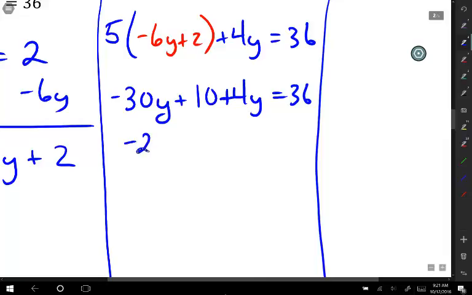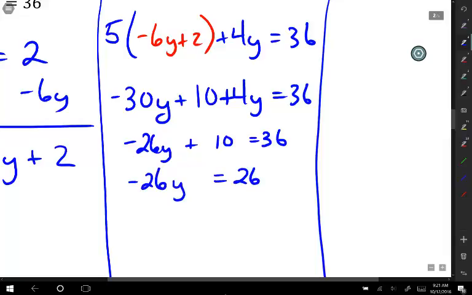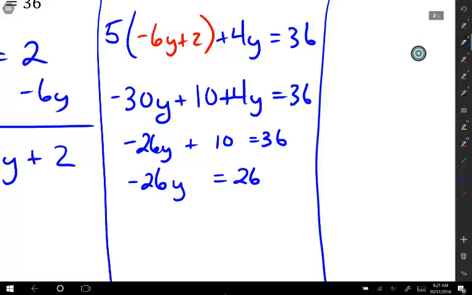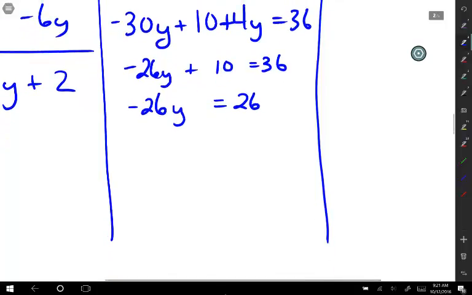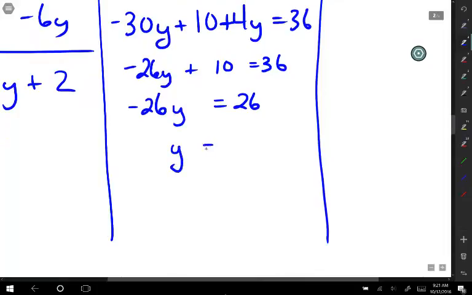So that gives me -26y plus 10 equals 36. -26y equals 26. And if you ever get to this point in a problem where you end up getting the same kind of coefficients as numbers, that is such an indication that you're on the right track. Divide by -26, and what do we get for y? -1.